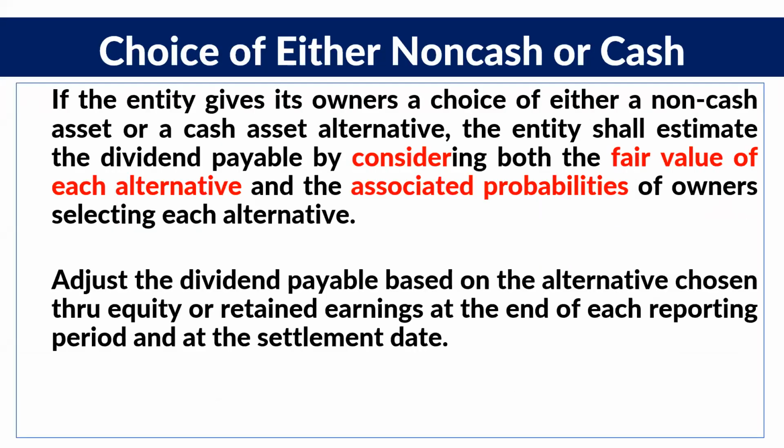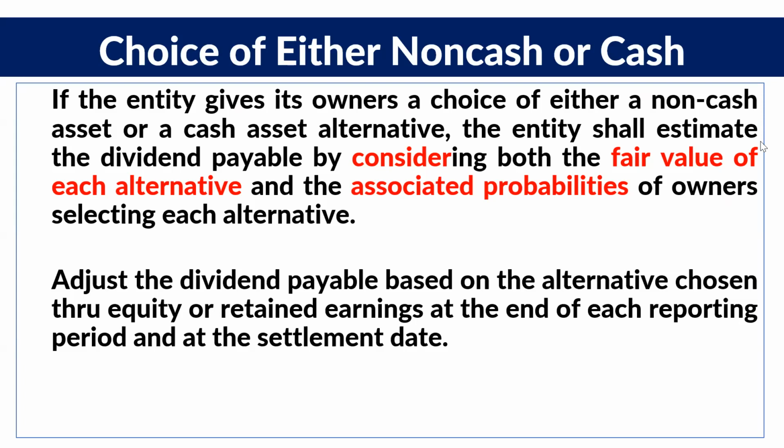So moving forward, what if the dividends declared by the Board of Directors give the shareholders the option to choose what they want to receive, either a non-cash asset or a cash alternative?